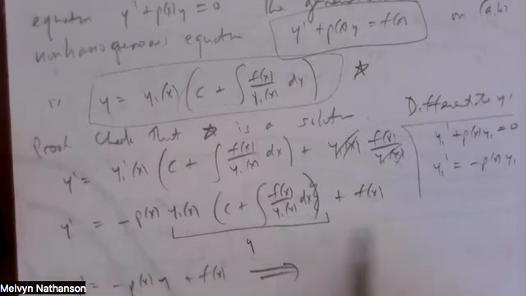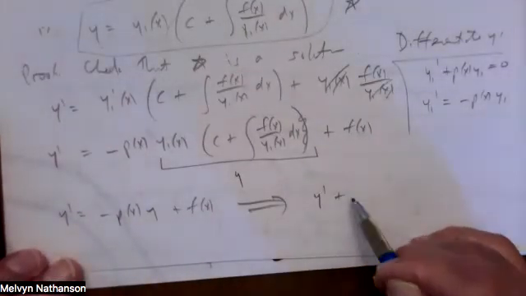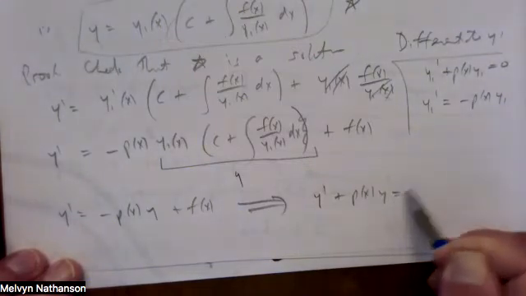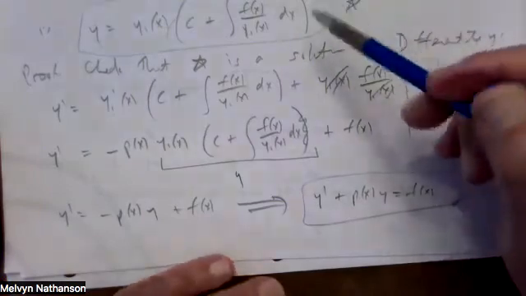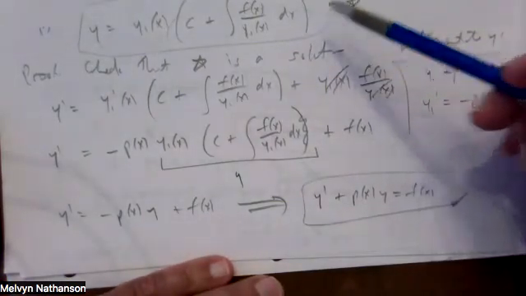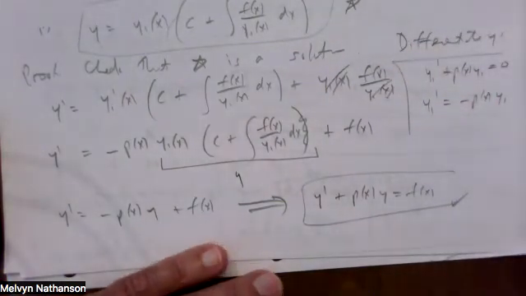So if I just bring this over from the right to the left-hand side of the equation, y prime plus p of x y equals f of x. So this is always a solution of the differential equation for every c.